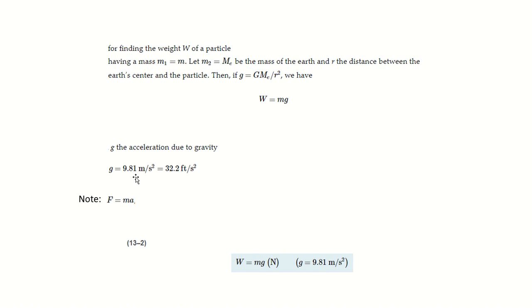Sometimes I'll give you 9.81, sometimes 9.8, sometimes I'm going to give you just 10. You should be able to convert between the two unit systems, your SI or metric to your foot-pound, which is British. Your weight is equal to mass times gravity.